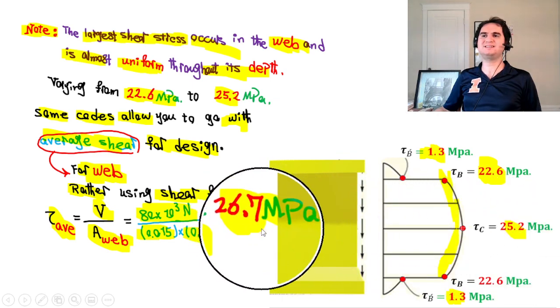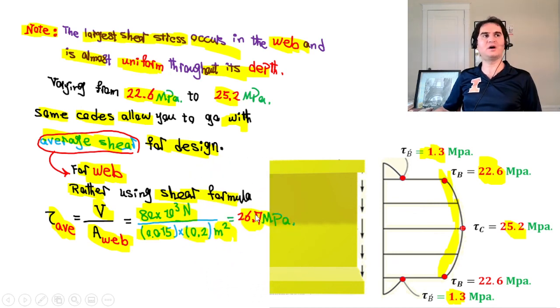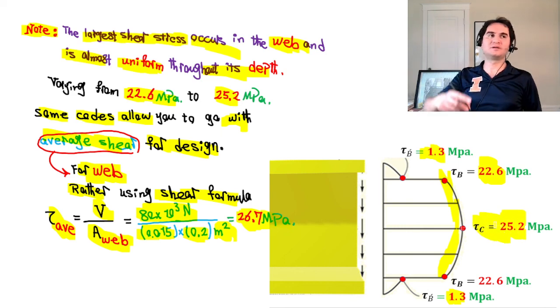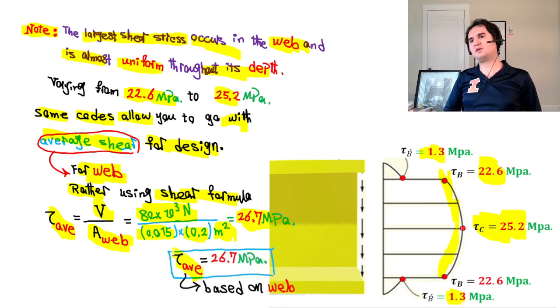So one can say, even if that's not acceptable for all the codes, that's a very good verification, because the answer is very close to the entire process of calculation of shear flow in an I-shaped beam. That's a comprehensive example, and that tau average is 26.7 just based on the web. And that's why some codes allow you to go that way.